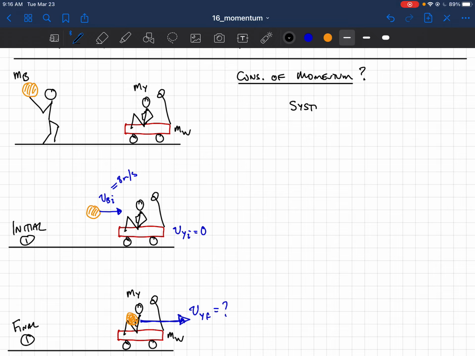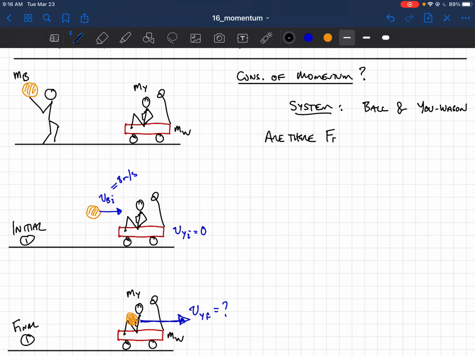So what is our system? Well, if we look at our initial picture, it's going to be the ball and you plus the wagon. So that's our system. So it's the ball and you-wagon. Okay?